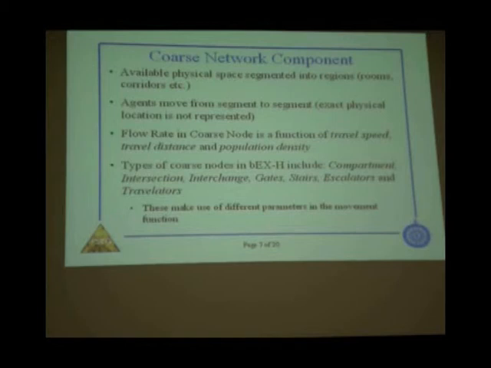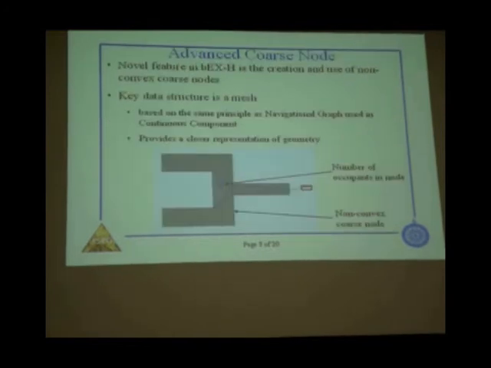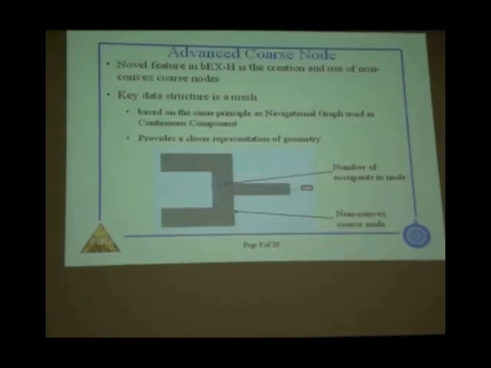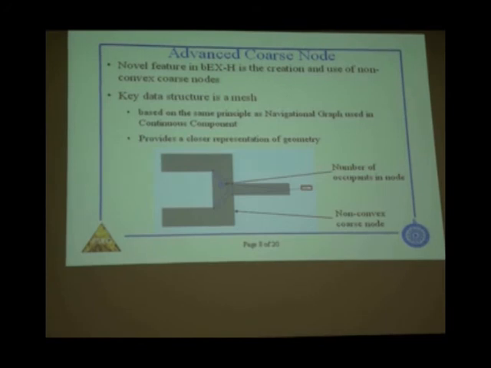The flow rate is dictated by a movement function which makes use of different parameters to cater for different types of coarse nodes implemented in Building Exodus. And these are namely the compartment, intersection, interchange, gates, stairs, escalators, and travelators. The nature of the coarse nodes restricts the modeling of geometries to simple geometrical shapes such as squares and rectangles.